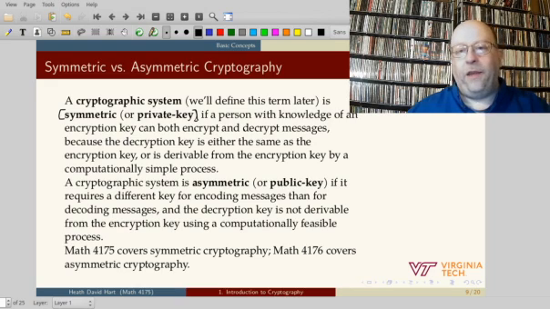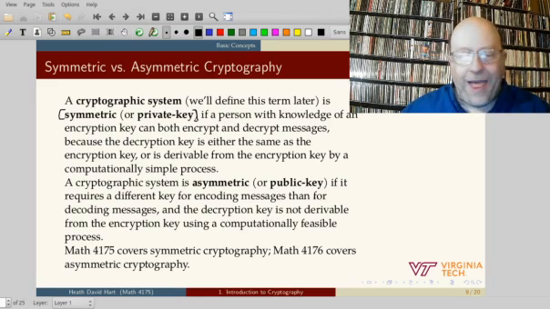In the first crypto system we're going to look at, the encryption process is simply to take your letter of the alphabet and shift it down a certain number of letters. So then the decryption process is to shift it back up a few letters. So anybody who can decrypt can encrypt, anybody who can encrypt can decrypt. We cannot separate those two roles within the system. Anybody who is an encryptor is also a decryptor.